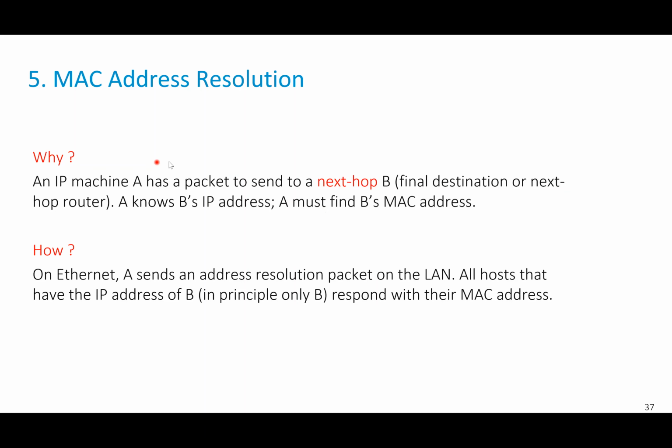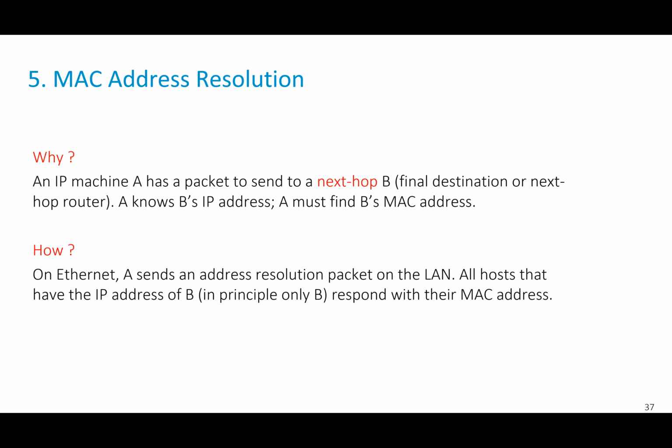What is the problem? When a machine A has a packet to send to a machine B that I call next hop. Next hop means, seen from the viewpoint of the MAC layer, B might be the default router, or it might be that the packet is on the way between two routers, so the packet is going from one intermediate router to the next.